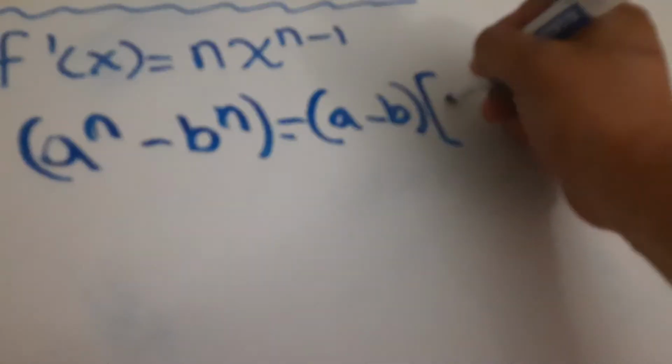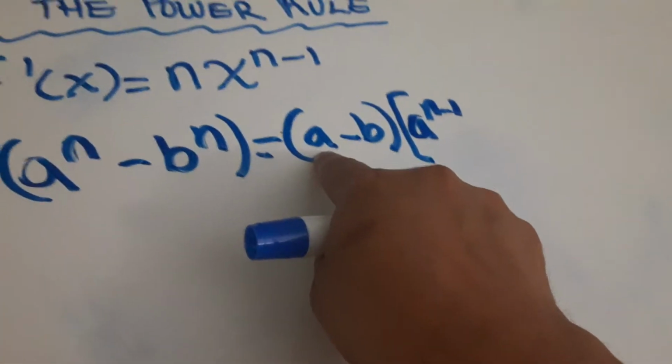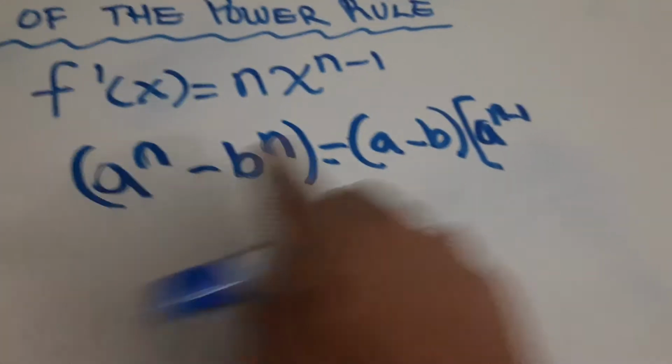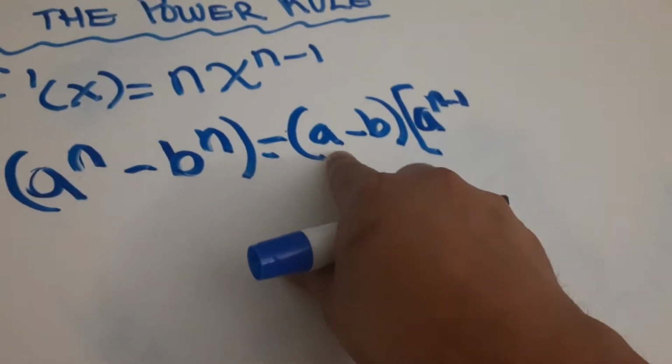So we're going to start with a to the n minus 1. Why a to the n minus 1? Because if you multiply by a, you have to produce a to the n, of course. So it has to reduce by 1 because I already have 1 a here.